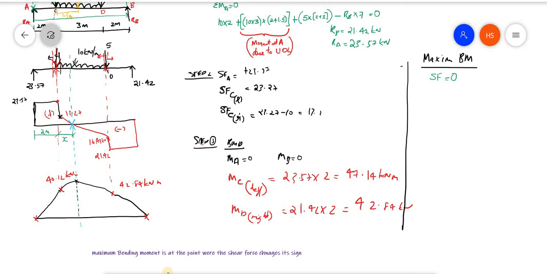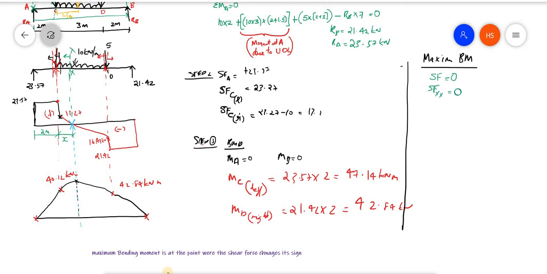So first of all I am choosing the distance as x, measured from this point only. Now from this I am finding out the shear force at this point. Let that point be XX. So shear force at XX will be equal to 0.